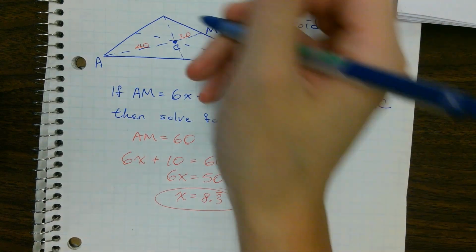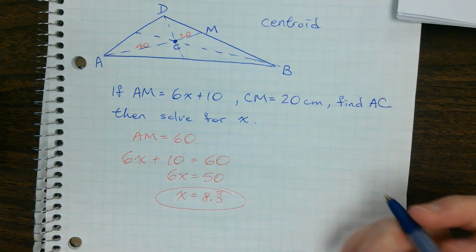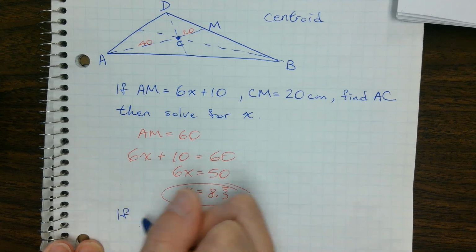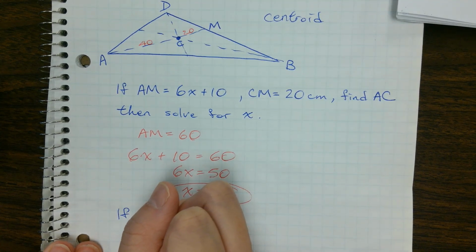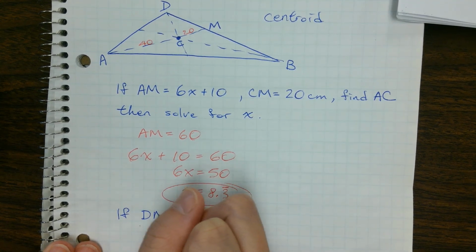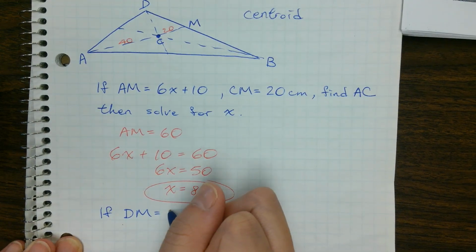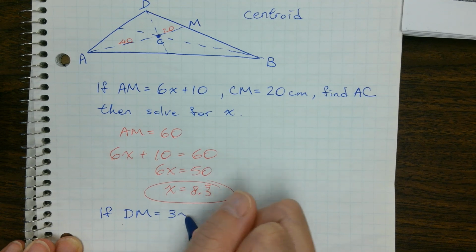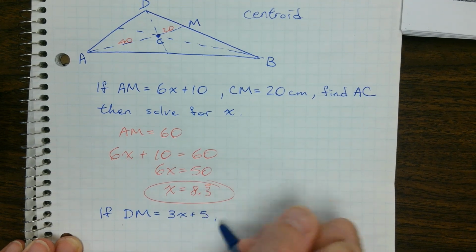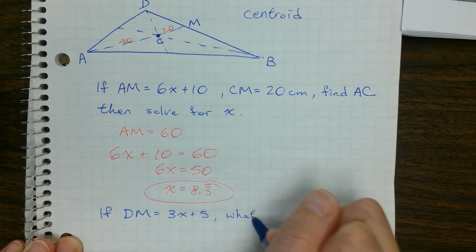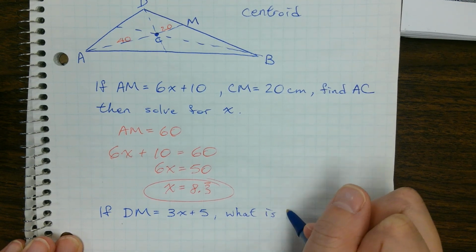Let's say if DM equals, I don't know, 3x plus 5. What is BM?